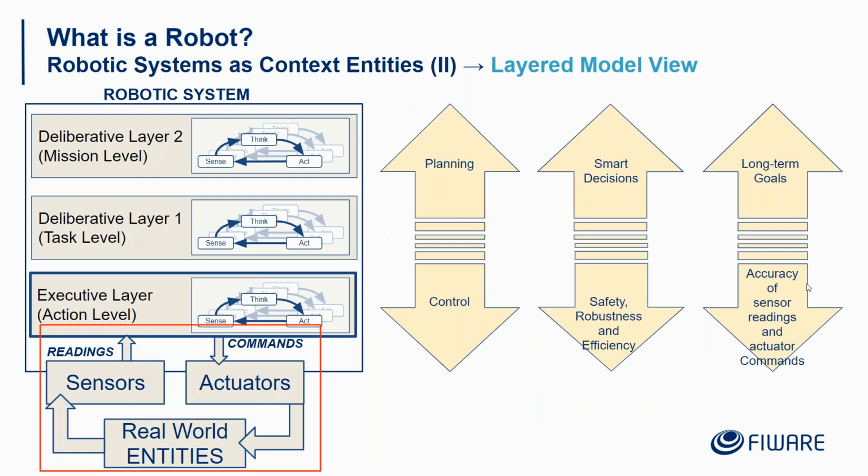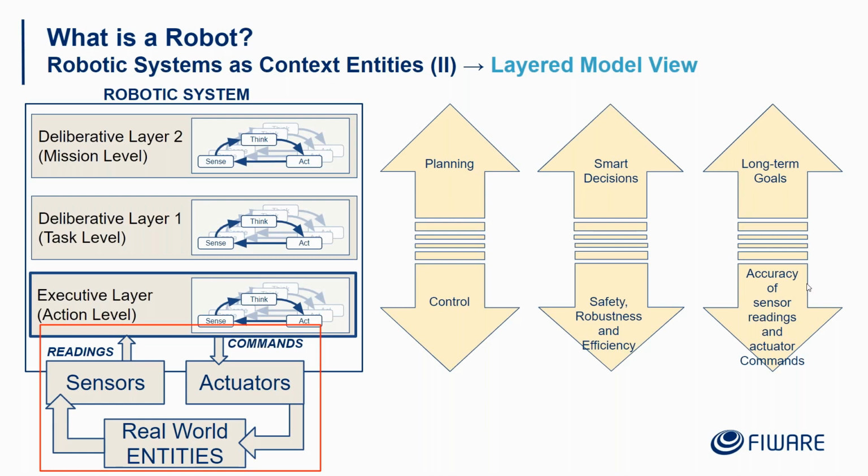And here I show you a typical implementation of the layer model that divides the robotic system into mission, task, and action levels. In general, the mission level is closer to planning abilities. It cares about allowing the robot to make smart decisions, and it pursues long-term goals.